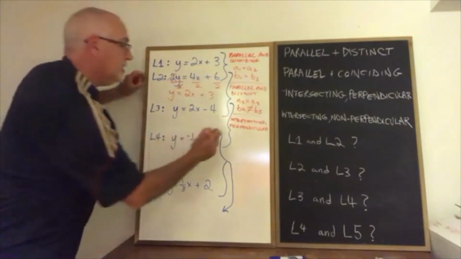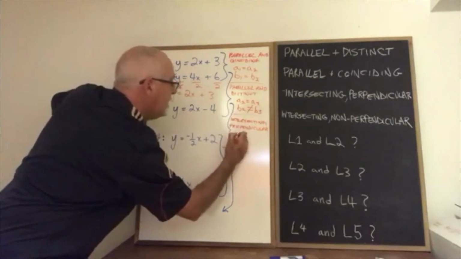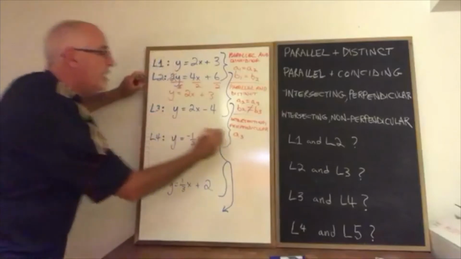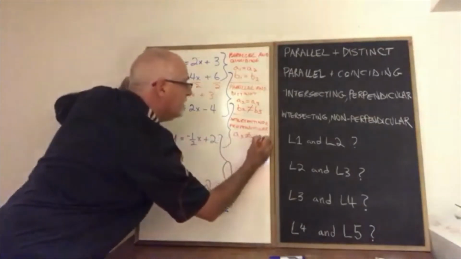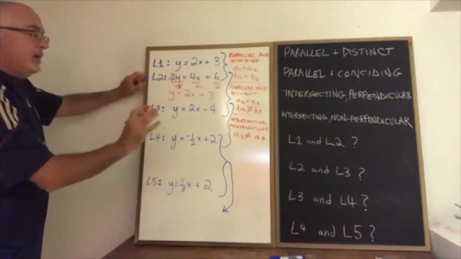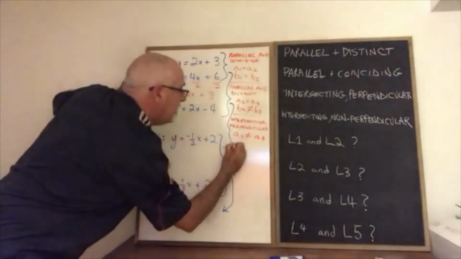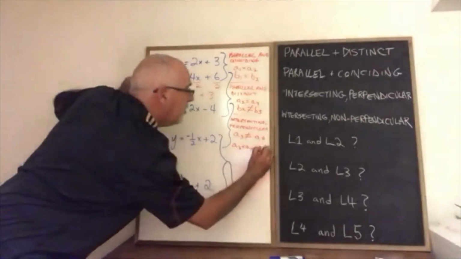But I also can see, first of all, I'm going to prove they are intersecting by saying A3, the slope of line 3, is not equal to A4, the slope of line 4. 2 is not equal to -0.5. But I also can show that A3 times A4 equals -1.